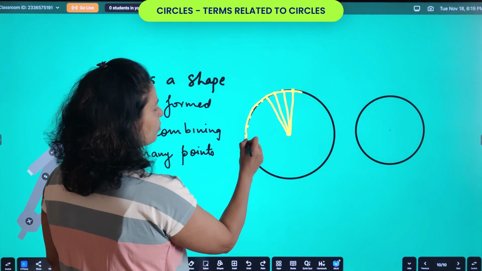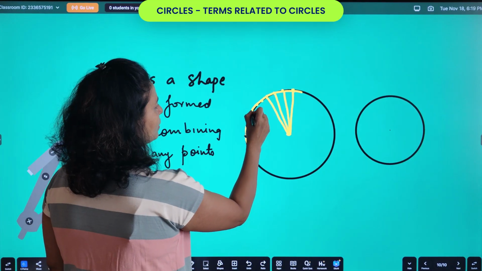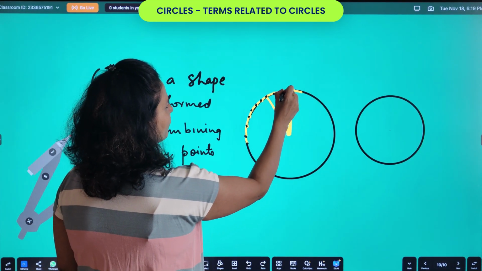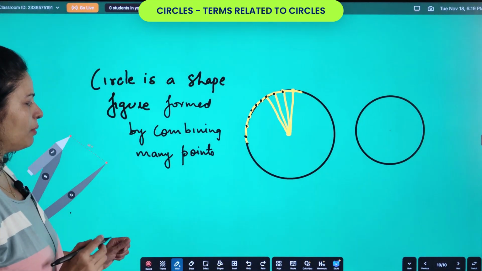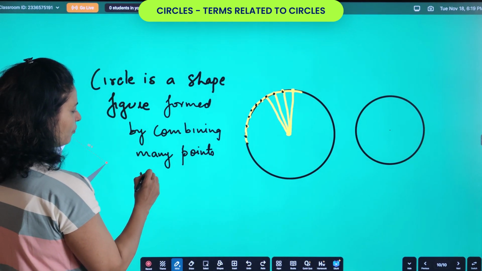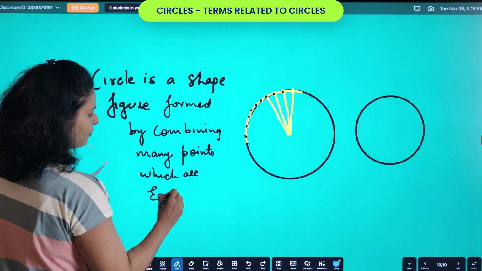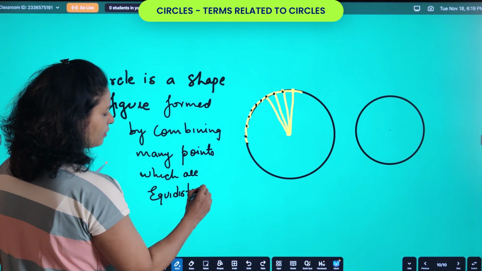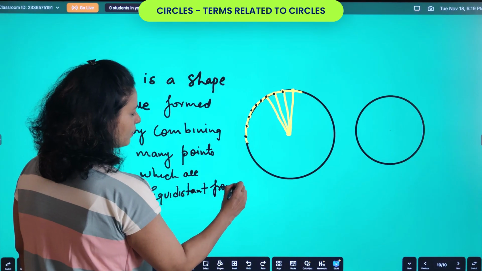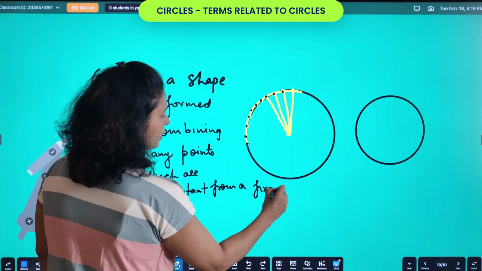I joined so many points, right? So it is formed by combining many points which are equidistant, or which are at an equal distance, from a fixed point.